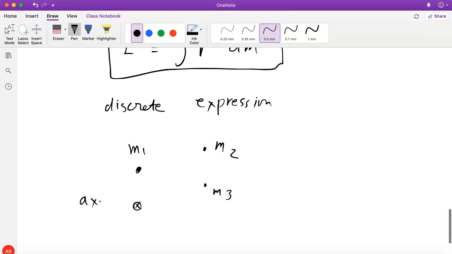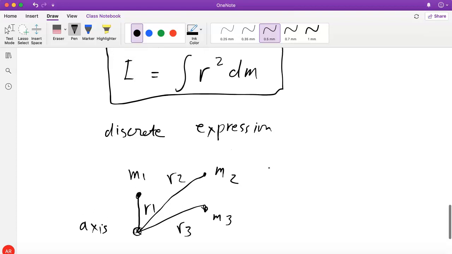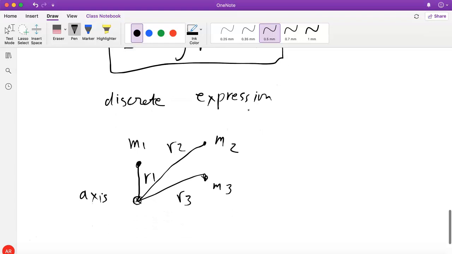The distance from this axis to particle 1 is r1. Here we have r2, here we have r3. Then we can define the moment of inertia again as a sum over the masses of these particles times their corresponding distance squared.